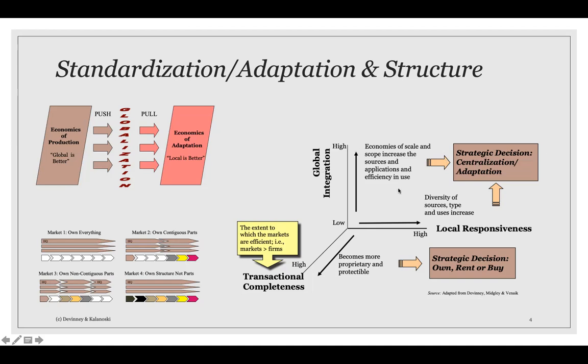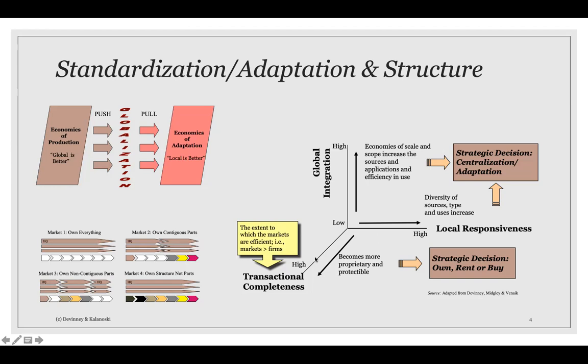But these two things alone don't necessarily tell you how you're structured or what you do. What they do is give you a general strategic decision about the degree of centralization and adaptation that you want to have in terms of your overall orientation. Do you want to emphasize returns associated with scale, or do you want to emphasize returns associated with adaptation?